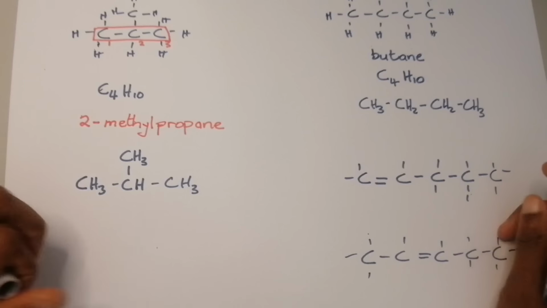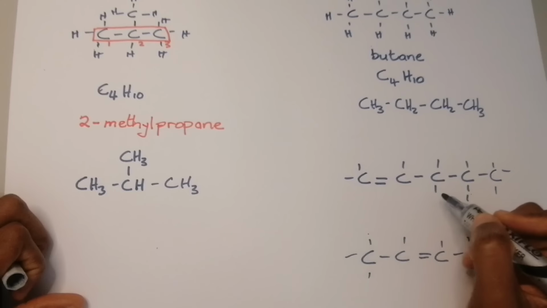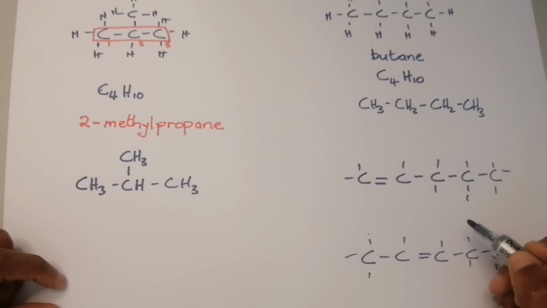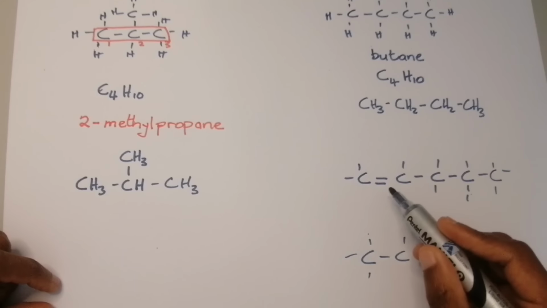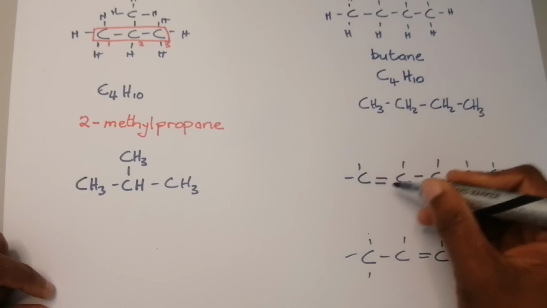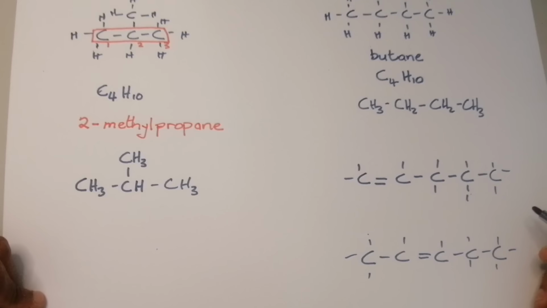Please remember I said I'm not going to put the hydrogens there, but remember when they ask you to draw this, please put those hydrogens, otherwise this does not make sense, right? So just assume everywhere where there's those bonds that there's a hydrogen. And please always make sure that the number of bonds there is 4. All right, so I've tried to do that as best as I can.